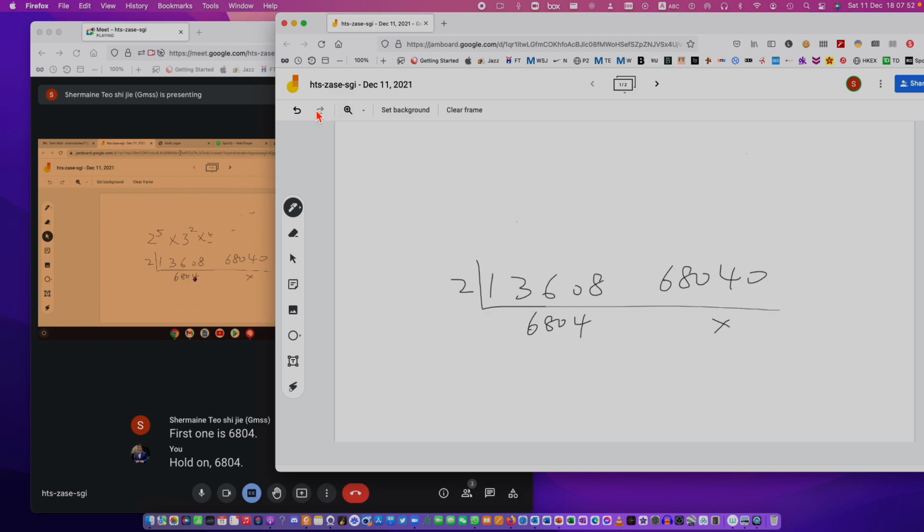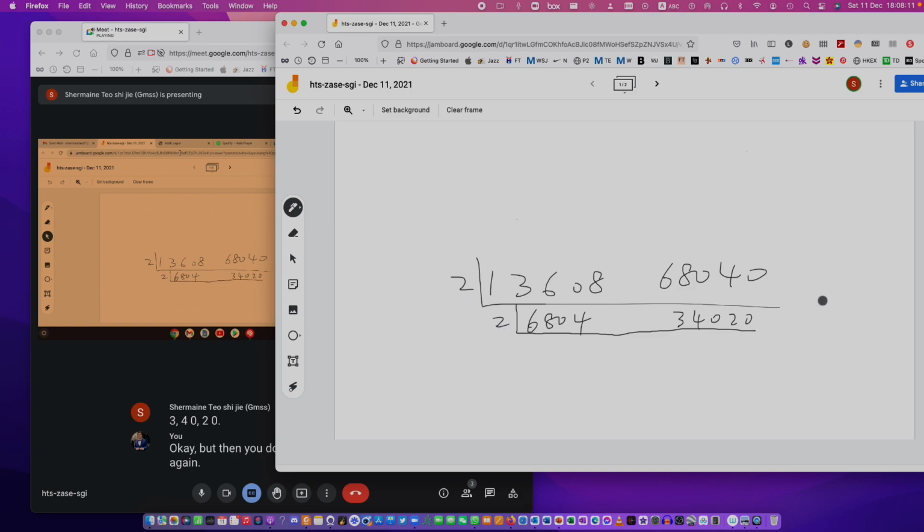Next one, 34020. Okay, good. Then you divide by 2 again. 3402.